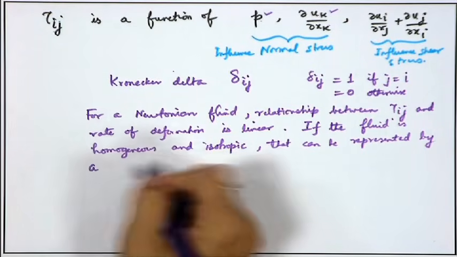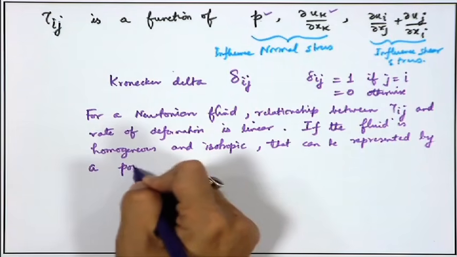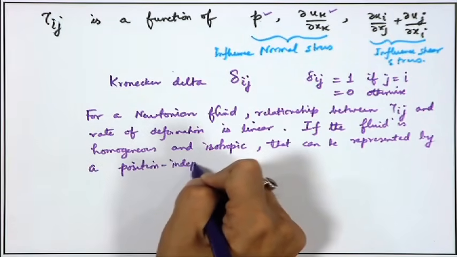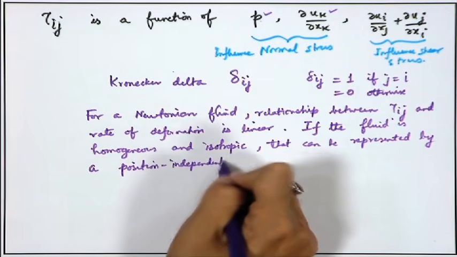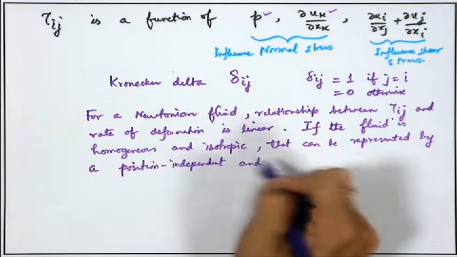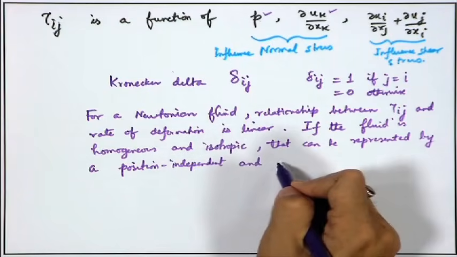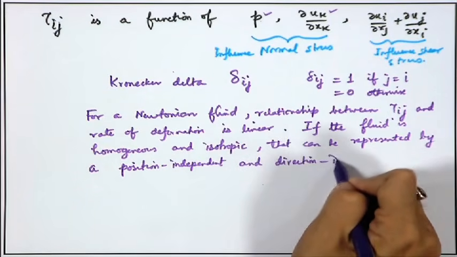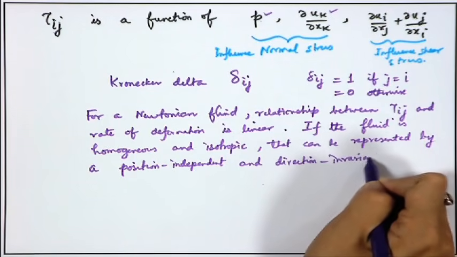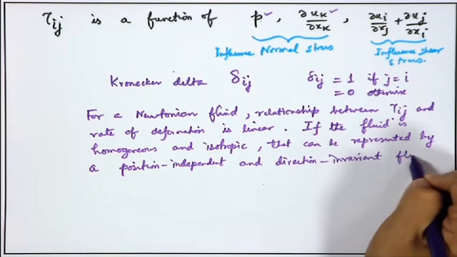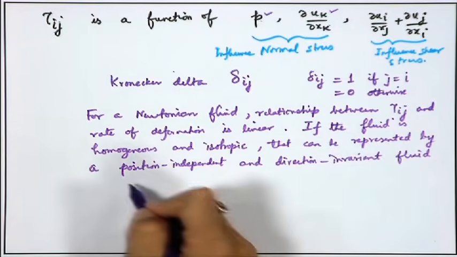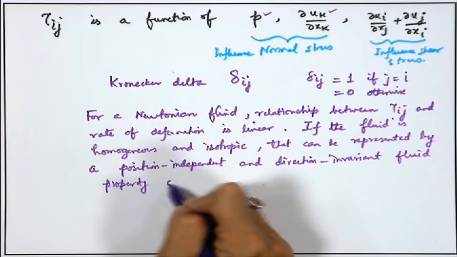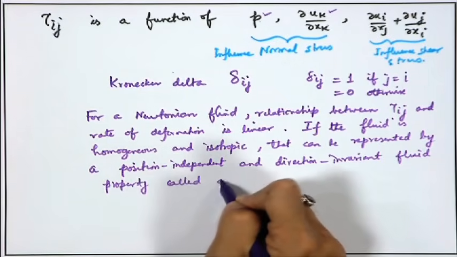Homogeneous means it is independent of position, and isotropic means direction invariant.